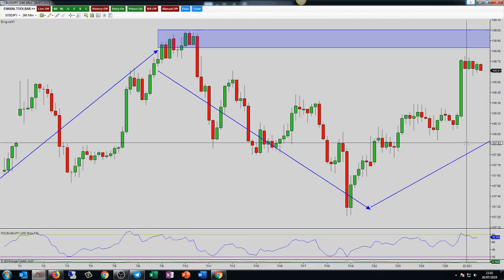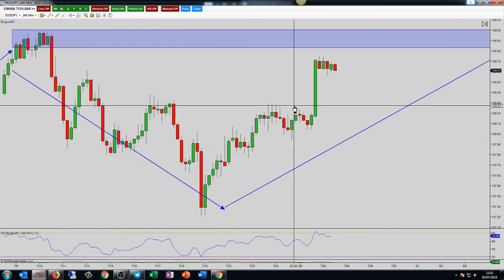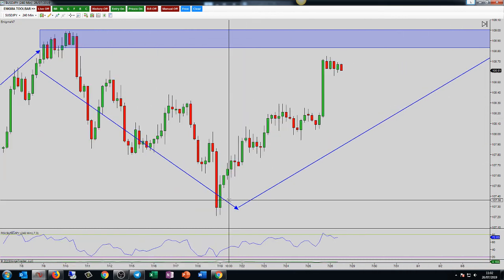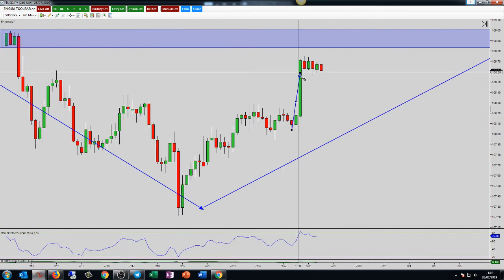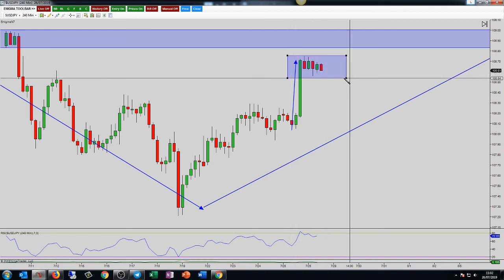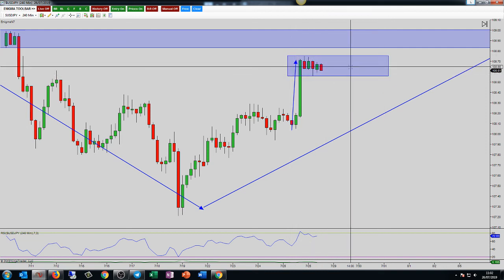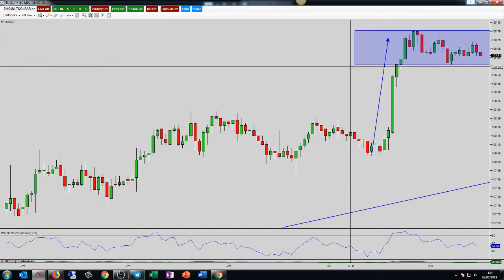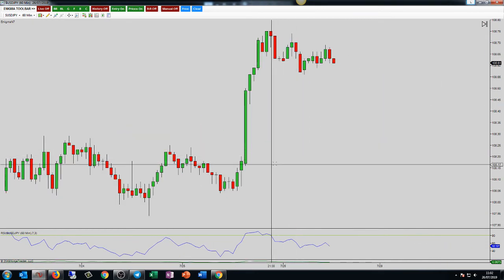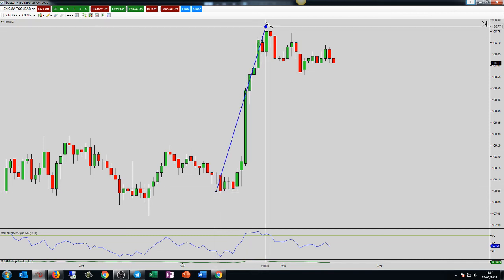Take a look at the 240. Directional pole, sideways movement. First signs of a breakout pattern. Let's go to the 60. Okay, here on the 60.